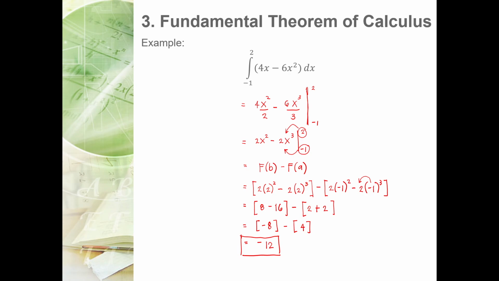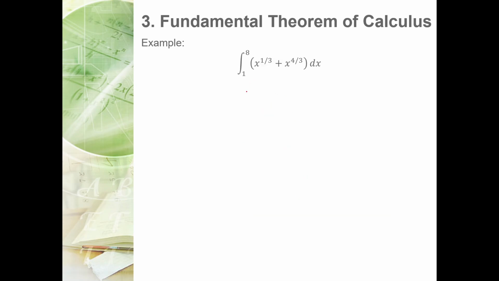Okay, so let's try to proceed with the next example. Again, we have to integrate manually. So x to the power of 1/3 becomes x to the power of 4/3 all over 4/3, then plus x to the power of 7/3 over 7/3. So it's a shortcut, right?